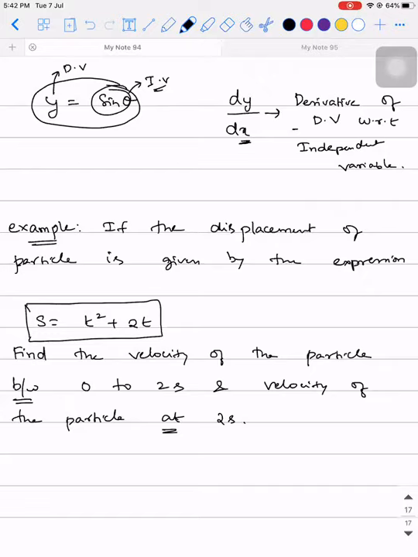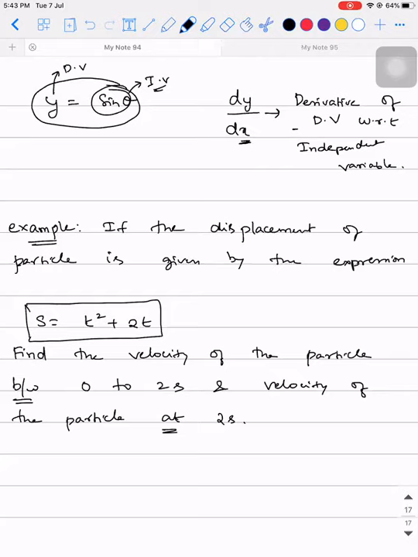When they ask a question about velocity, what are the two things they can ask? Average velocity or instantaneous. So in the first part, are they asking the average or the instantaneous? They are asking the average because they use the word between. In the second part, they are asking the instantaneous value because they say at. So now you have clarity.